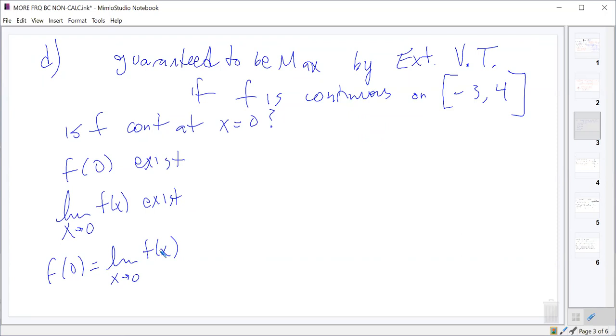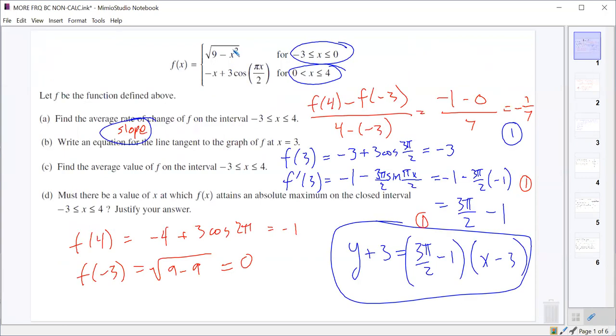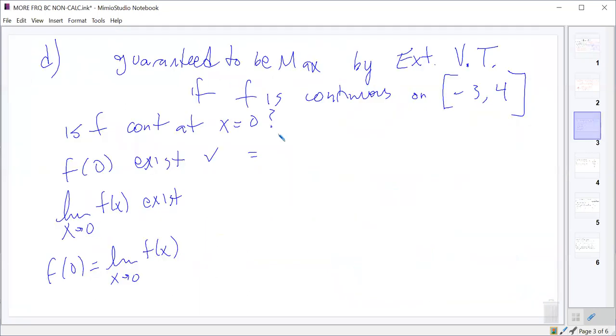If we can prove that it's continuous at x equals 0, then we know that it must have a max on that interval. So first off, does f of 0 exist? Yes, f of 0 happens to equal, plug in 0, you get 3. Good job. 9 minus 0 is 9. Its square root is 3.